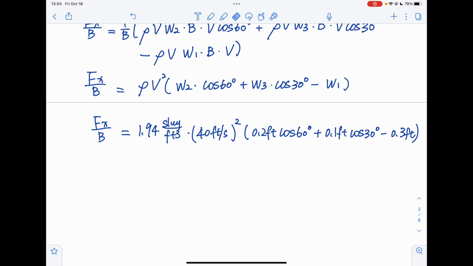Therefore, Fx over b equals 890 lbf per foot. And the direction of that will be negative, so it's actually in this direction.